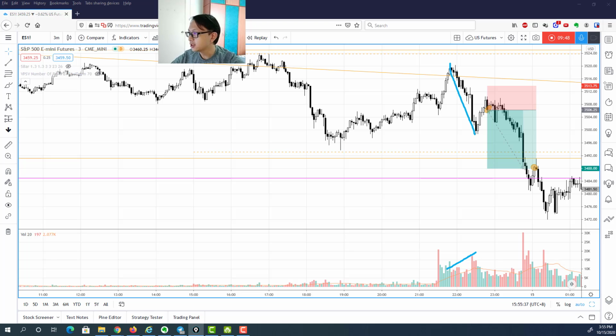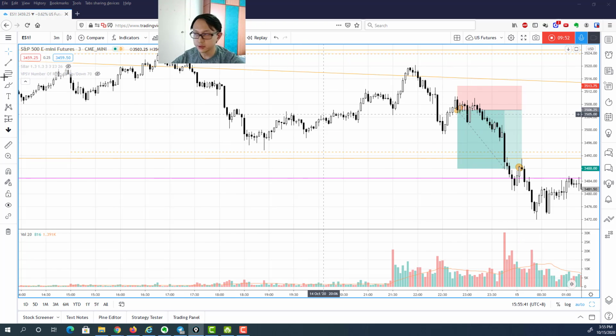Subsequently, the second step is also quite important. When we think about the pullback, how much should the pullback be? How far should the pullback reach? This is kind of like 100%.